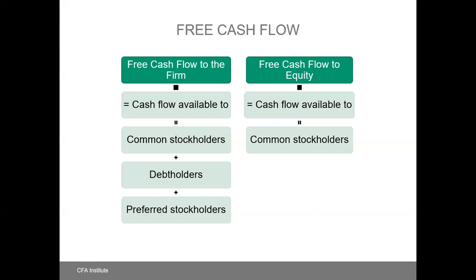So when we consider the free cash flow to the equity holders, we skip the cash flows available only to the debt holders and only to the preferred stockholders. We make the calculation in a way so that we get the cash flow available only to the common stockholders.